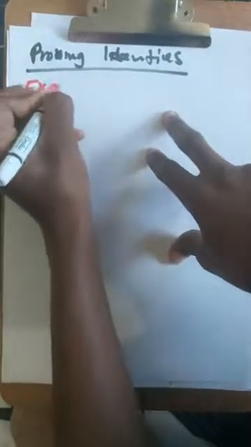Okay, now that's good. Let's check the first one. Example 1. We have 1 over cos squared theta minus 1 is equals to tan squared theta.